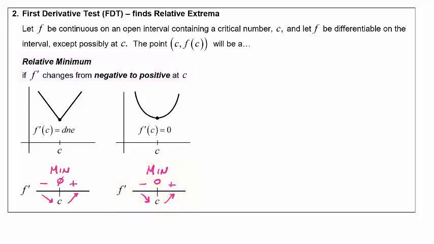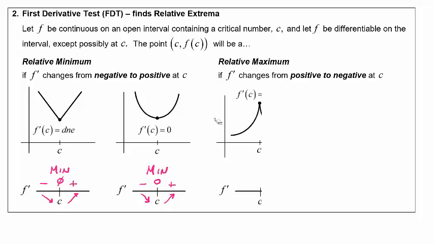Now, the point c, f of c will be a relative maximum if f prime changes from positive to negative at c. So looking at this graph here, because of the sharp turn at x equals c, we know f prime of c does not exist. So let's put that down on the sign line graph.